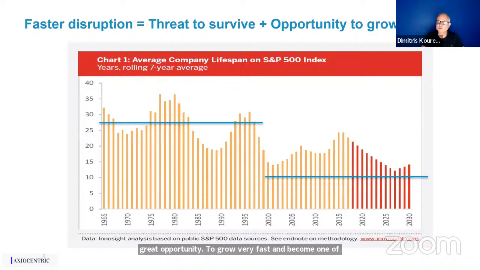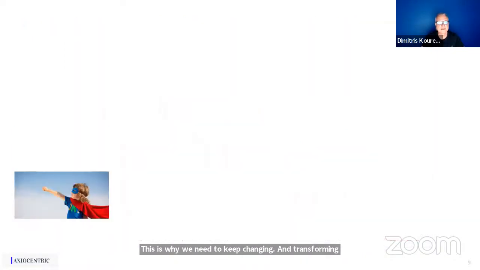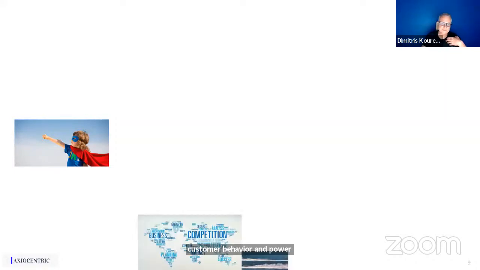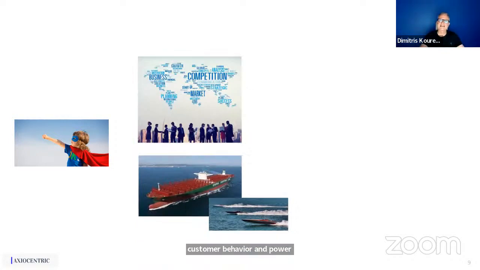This is why we need to keep changing and transforming ourselves much faster than ever before. So what we see is that the way that technology influences behavior of people, and especially customer behavior and power of customers, the way that technology changes the competition, not only having a competition which is global, very few companies are lucky enough to have only local competition today.